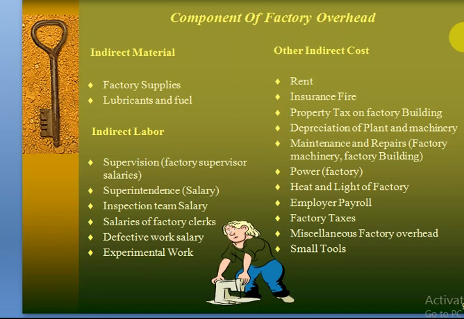The factory overhead formula was indirect material cost plus indirect labor cost plus indirect other cost. Combined, this is called factory overhead cost. So what are indirect materials in the factory? Indirect materials in the factory are things like factory supplies, lubricants and fuels.